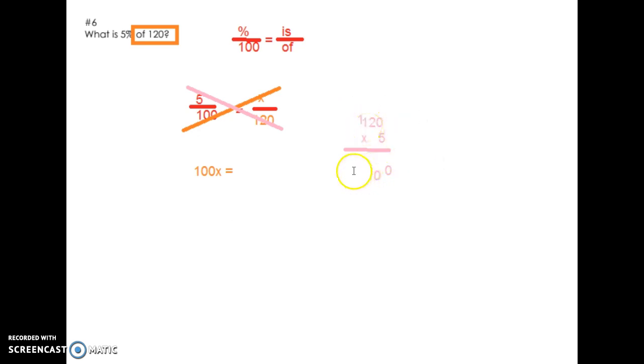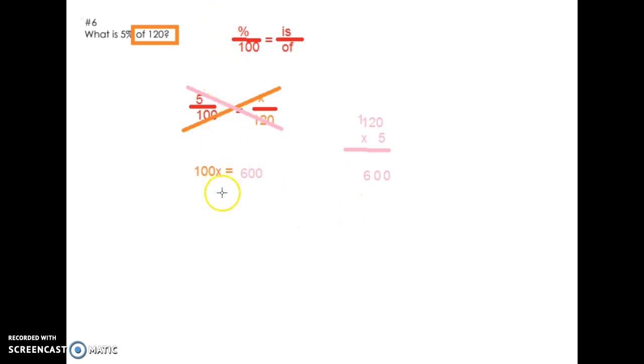And 5 times 1 is 5, plus the one I brought up the first time. It's an ugly 600 there, because I am typing. All right, so now we have 600 on this side.